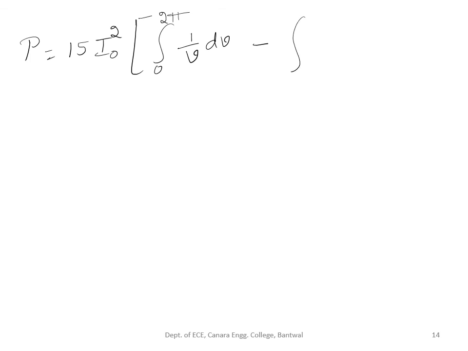Therefore, radiated power is equal to 15 I naught square times [integration of 1 by v dv limit 0 to 2 pi minus integration of cos v divided by v dv limit 0 to 2 pi].